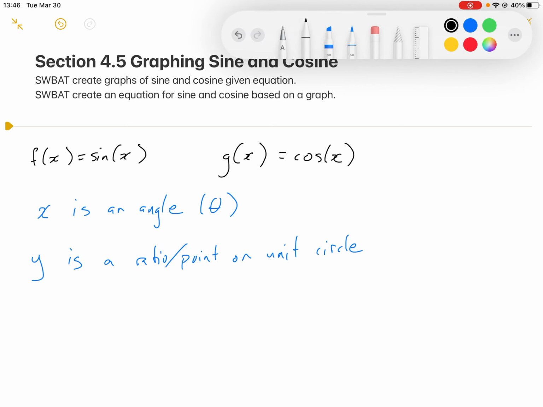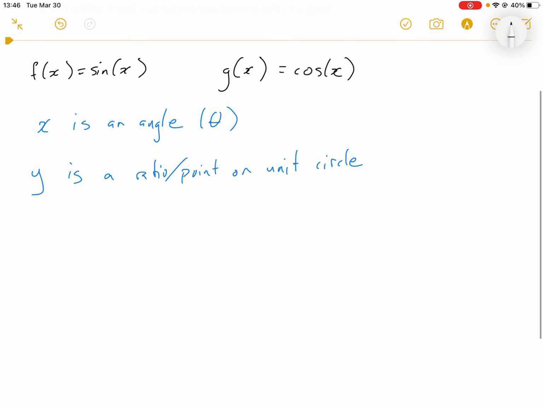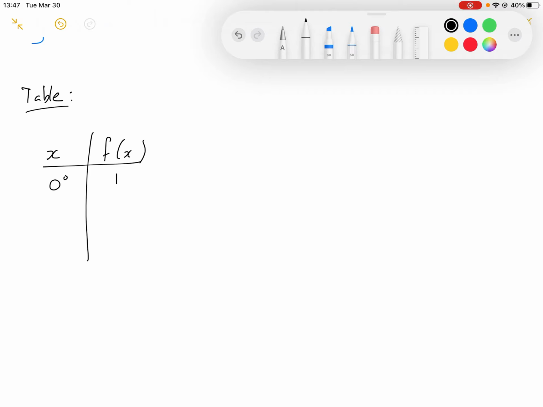Okay. So let's go ahead first of all and just create a table of values. So we're going to go ahead and do a table for sine to begin with. And I'm going to start at 0. And we'll be doing this in degrees. So if you take a look at sine, you'll notice that sine of 0 degrees is 0.